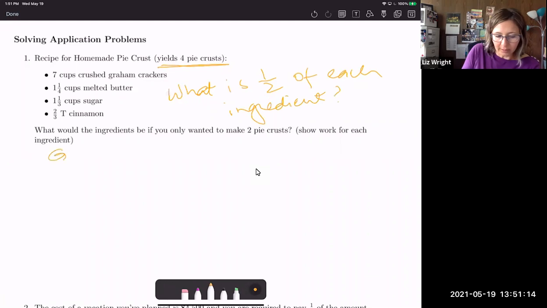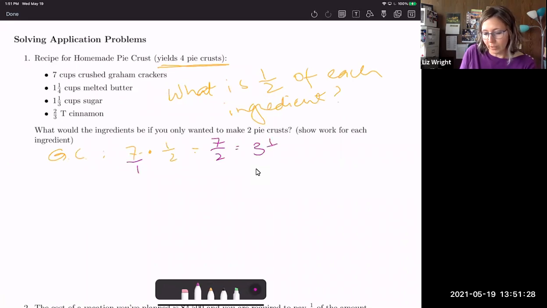So let's figure it out. Graham crackers, we're going to do 7 times 1/2. And so I'm going to put that 7/1. And so I'm going to get 7/2, which is 3 1/2 cups. The graham cracker label's already over here, so I'm not going to put that back on there. And then the butter, yum, is 1 1/4.